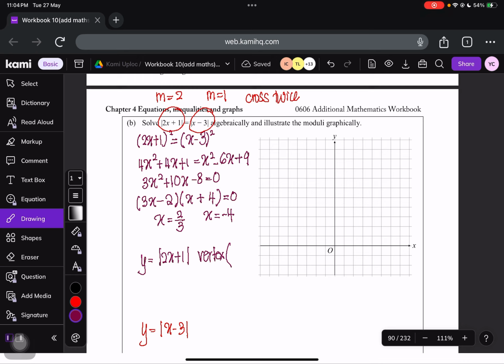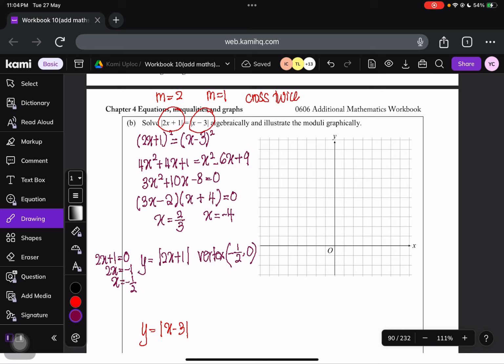So the vertex is negative 1 over 2. Now, Kai Xuan must be asking, why is it negative 1 over 2? Because 2x plus 1 equals to 0, so 2x equals negative 1, x equals negative 1 over 2. Then there's no number outside, so it's comma 0. That's the vertex.